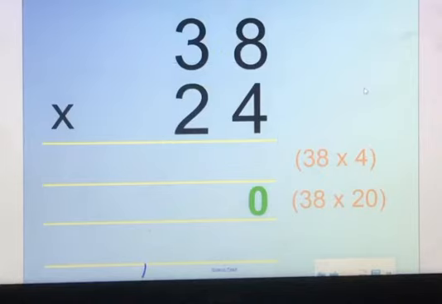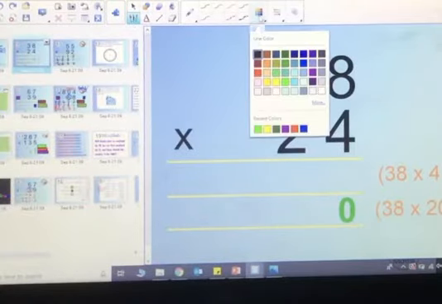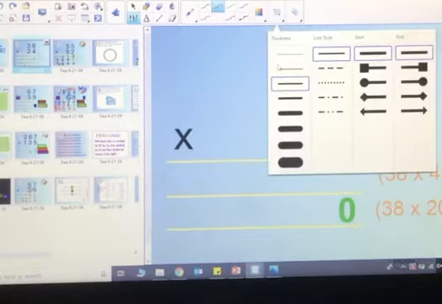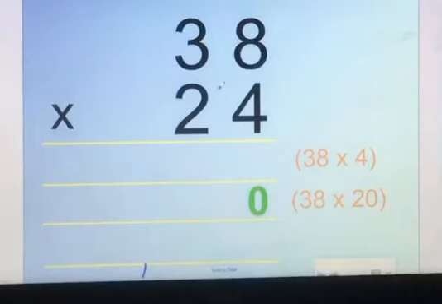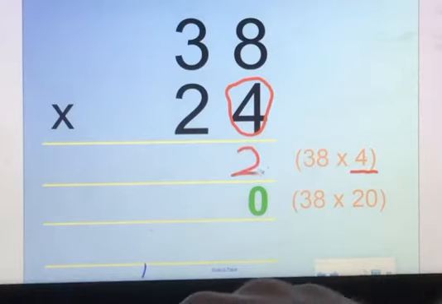Right, let's get started. So I'm going to need a pen. Let's hope this works. Okay. Right, so the first thing we're going to do is times everything by 4, and that's this one here. So we'll do 8 times 4, which is 32.